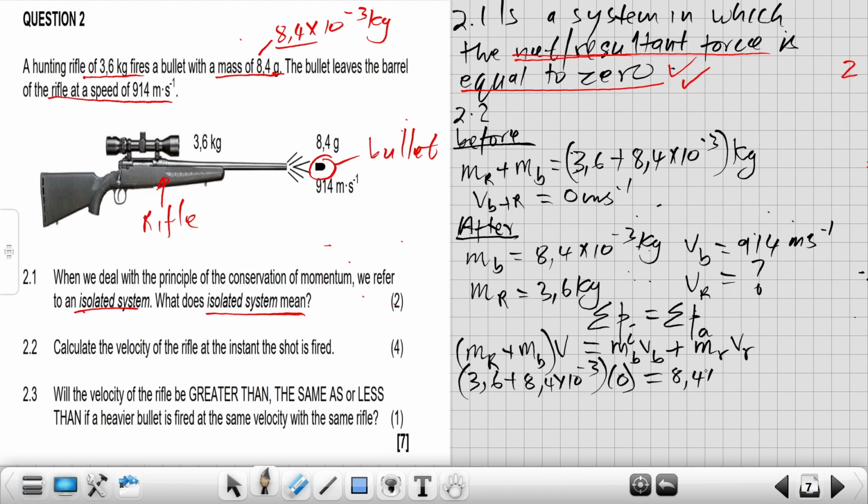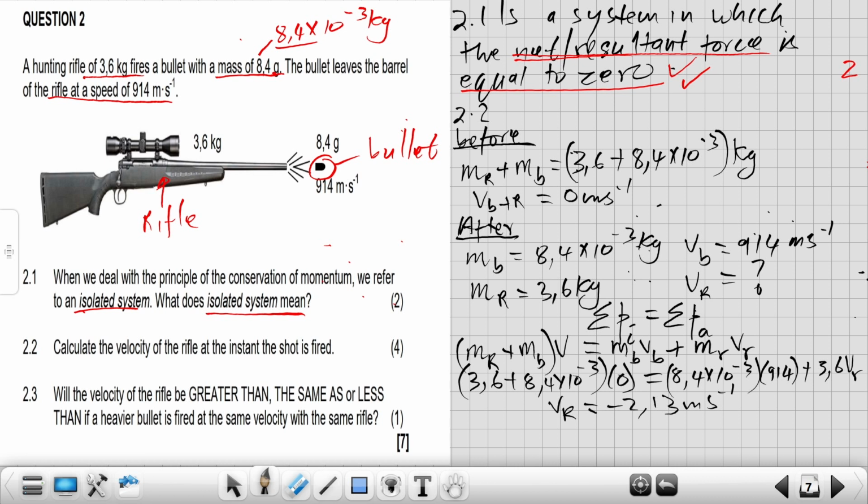8,4 multiplied by 10 to the minus 3 multiplied by 914 plus now 3,6 VR. Then when you do your mathematics and solve for everything else, you'll get your VR as negative 2,113 meters per second.